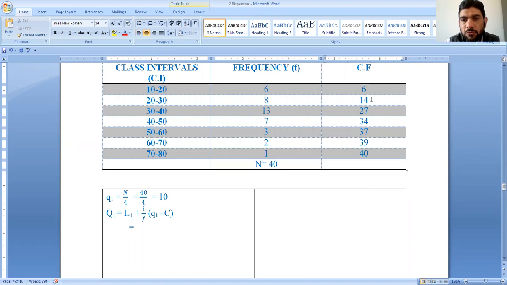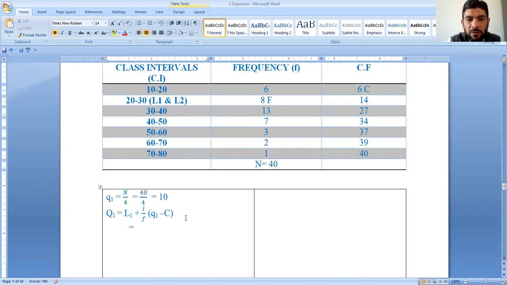The cumulative frequency before it, 6, will be considered as C, and the corresponding frequency, 8, will be F, and the corresponding class interval will be L1 and L2.